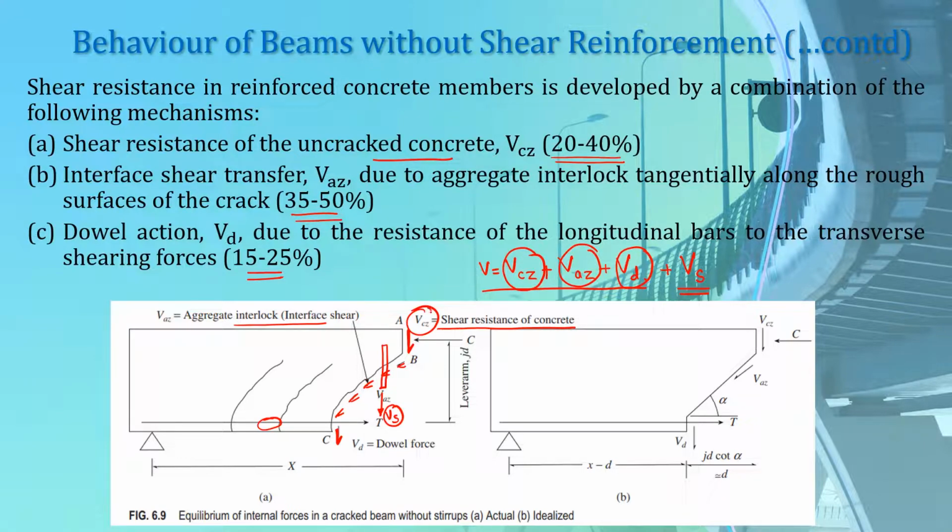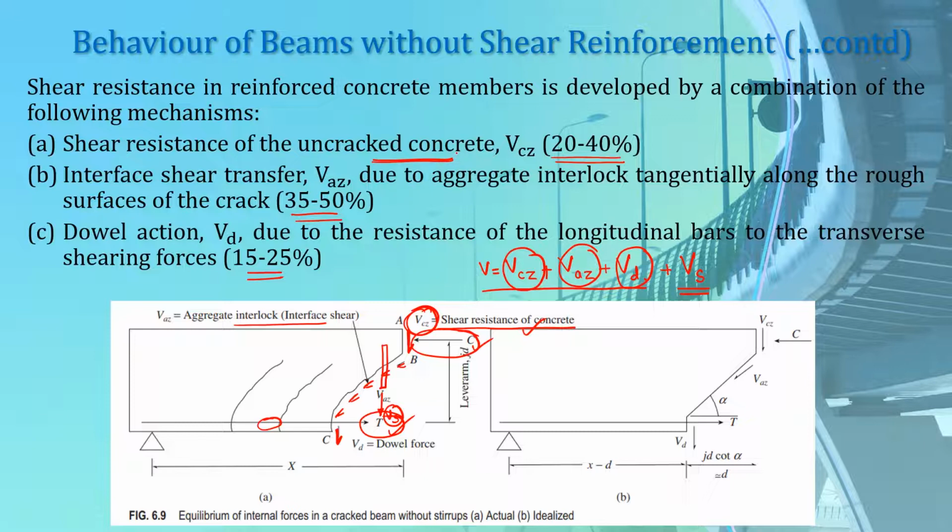That means this Vcz may react with the tensile and compressive forces. As you can see here, compressive forces are developed at the compression zone of your beam and the tensile force is developed in your longitudinal reinforcing bar. This shear resistance may interact with the C and T, and thus inclined cracks may appear in your concrete. So this is the simplest method of shear transfer.